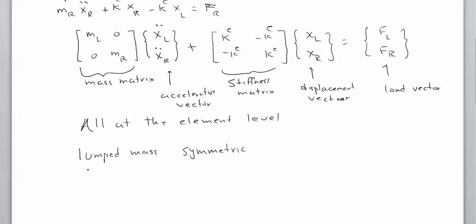The stiffness matrix is also symmetric. And remember, a symmetric matrix is one where the transpose of the matrix is the same as the matrix itself.